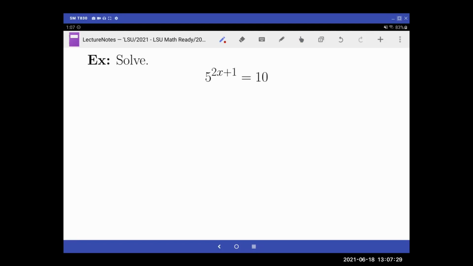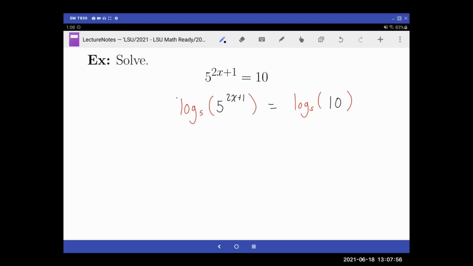So what I want to do is eliminate this 5 by using log base 5 on both sides of my equation. Log base 5 of 5 to the 2x plus 1 equals log base 5 of 10.